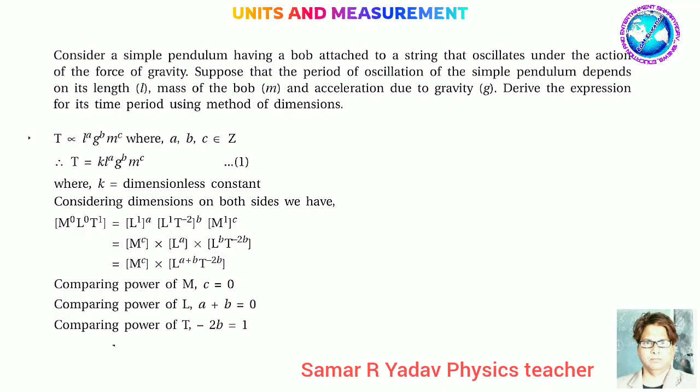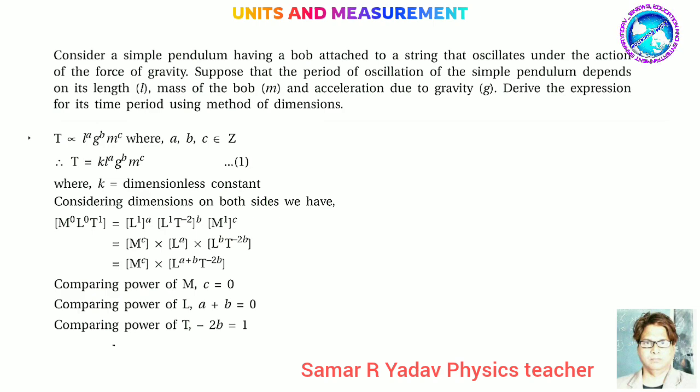Considering dimensions of both sides, we have [M^0 L^0 T^1] = [L^1]^a [L^1 T^-2]^b [M^1]^c = [M^c] [L^a] [L^b T^-2b] = [M^c] [L^(a+b) T^-2b].